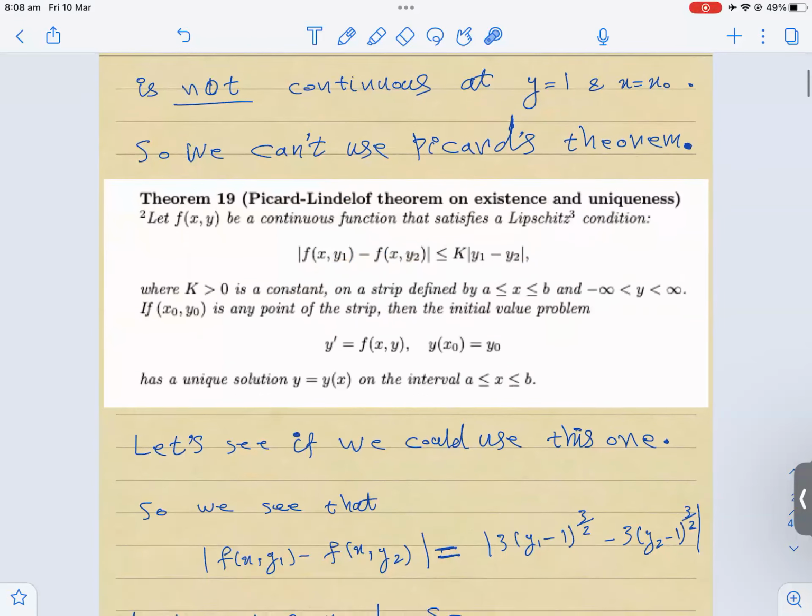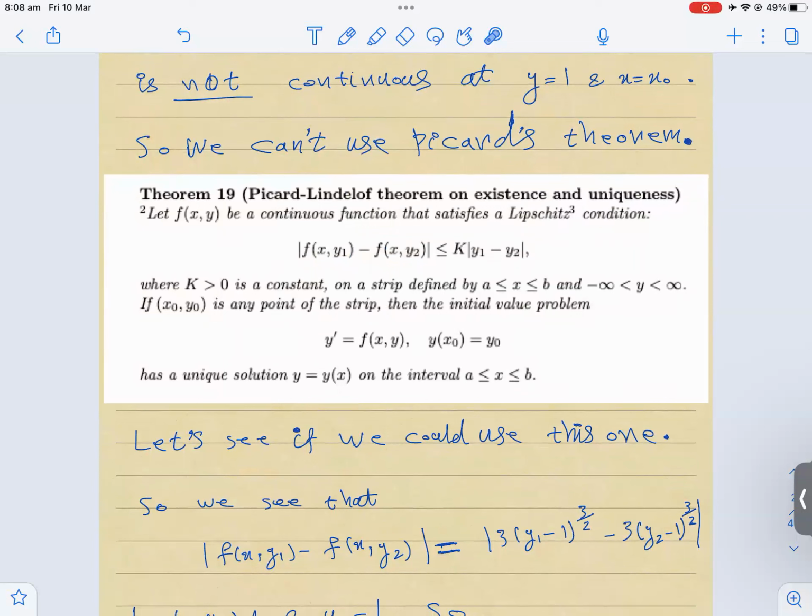Now, the Lipschitz condition means you see this part. This means f is continuous in terms of y. But it's a very hard condition. Not only is it continuous, it is also uniformly continuous, and more than that, it's Lipschitz.